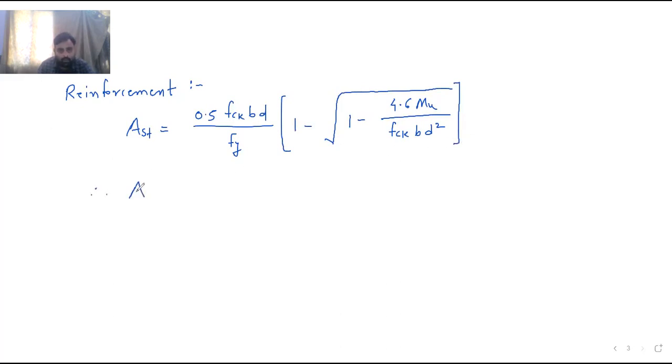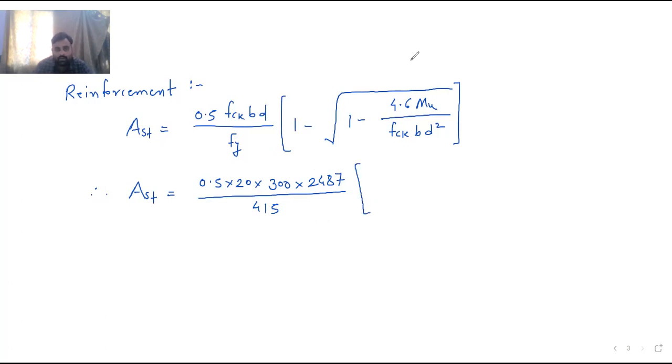Therefore Ast is equal to 0.5 into 20 into b is 300, that is the width of this counterfort, into depth, which we have calculated right now as 2487, whole divided by fy. fy is 415.